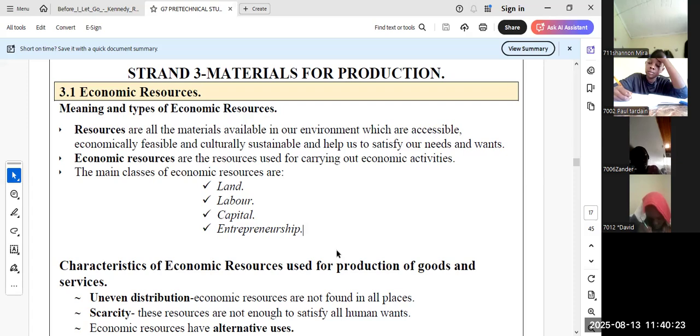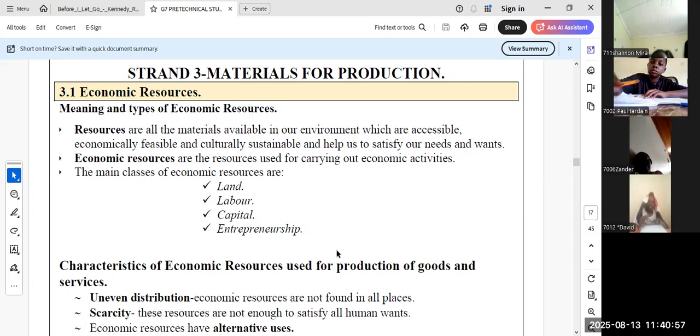We looked at the definition of entrepreneurship, and we said it is a process of identifying something, then you come up with solutions, and at the end of the day, you have an aim of making a profit after coming up with the solution to the problems you have identified in the community. So economic resources are grouped into land, labor, capital, and entrepreneurship. And remember, these are resources used for carrying out economic activities.